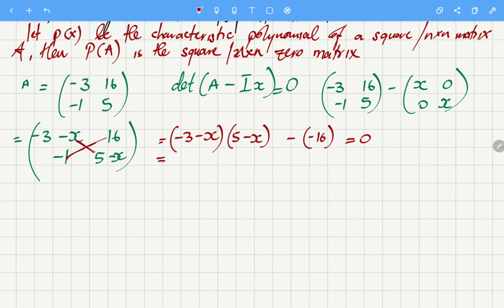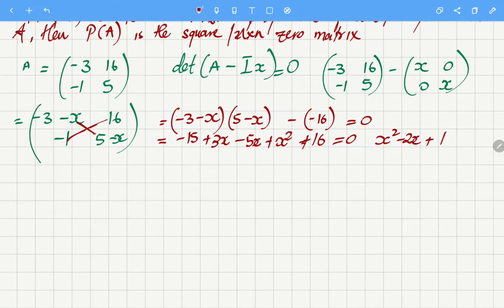Further simplifying, we get -15 + 3x - 5x + x squared + 16, which then becomes x squared - 2x + 1. Okay, so that's our characteristic polynomial.